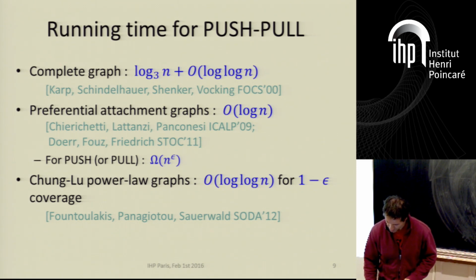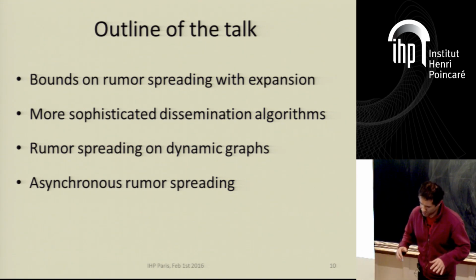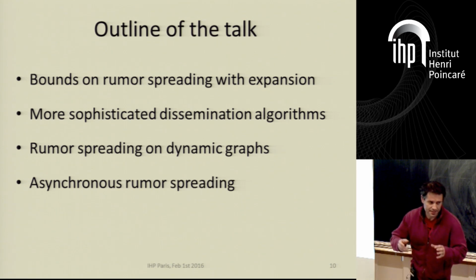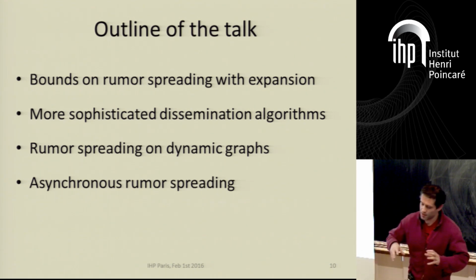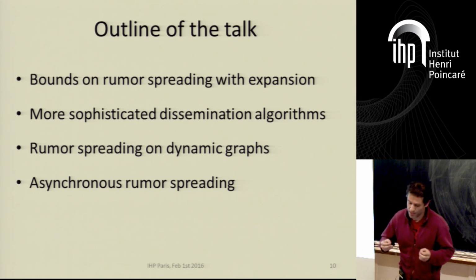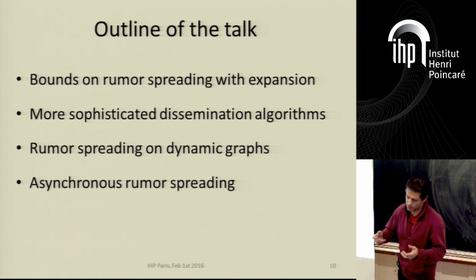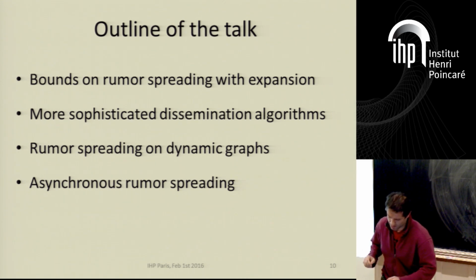And so this completes my introduction. This is the structure of the remainder of the talk. In the previous slide, I presented some results for specific graph topologies. There is also some work that has shown general bounds on the rumor spreading time on graphs that hold in terms of an expansion parameter of the graph. I will talk about this in the first part of the talk.